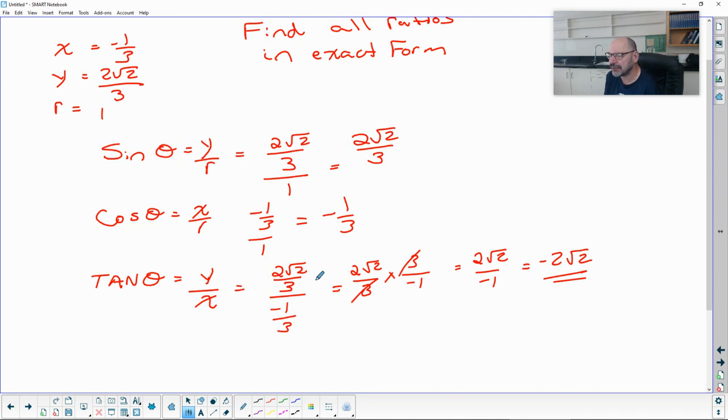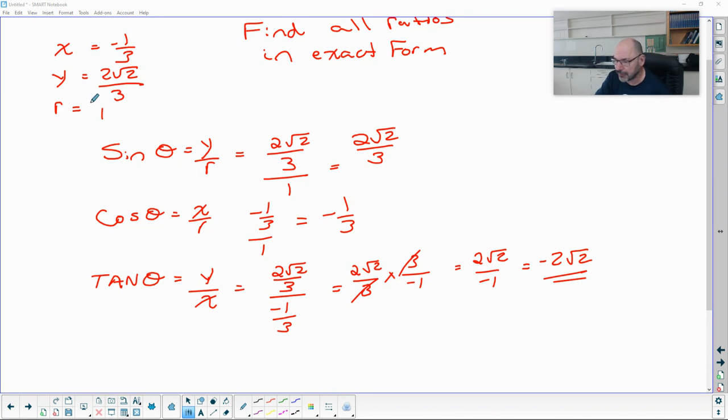Okay, so that leaves us with the second part, taking the reciprocal of these to get the ratios for the reciprocal trig ratios. Okay, so let's do that. All right.